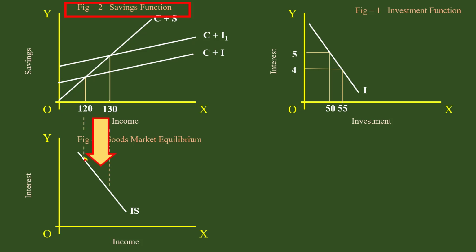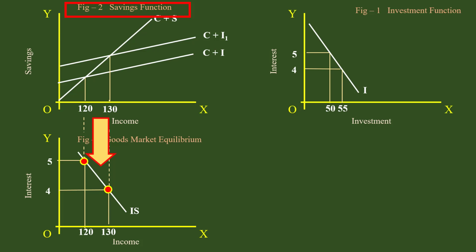The income interest combinations 125 and 134 are on the downward sloping IS curve shown in figure 3. These points are deduced from the investment function and the goods market equilibrium.